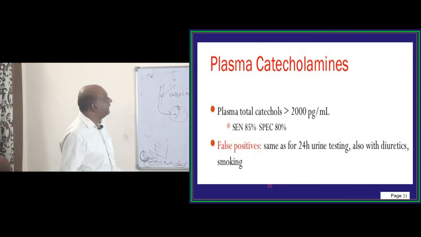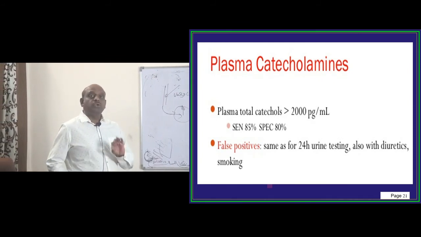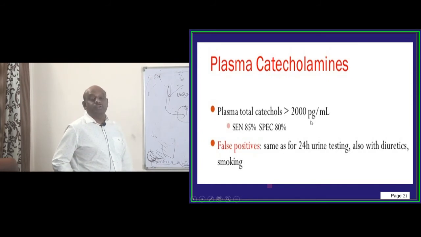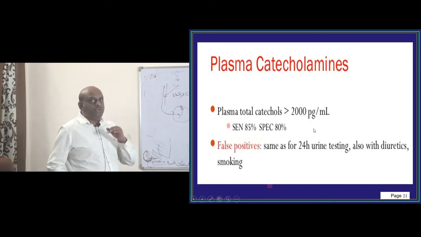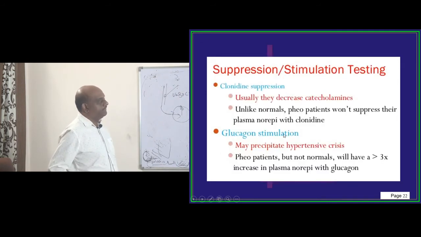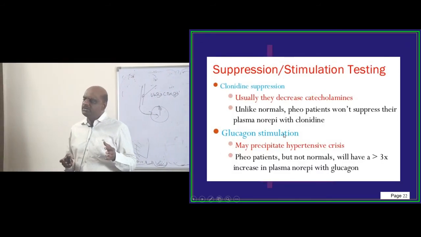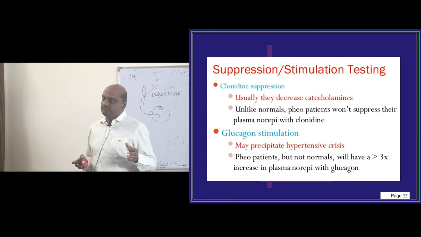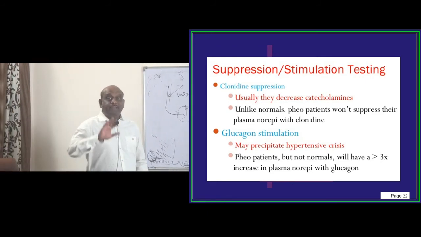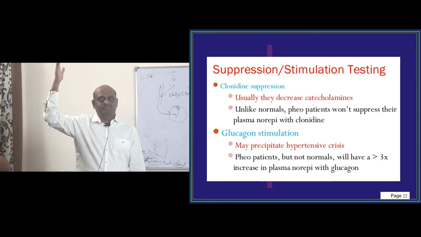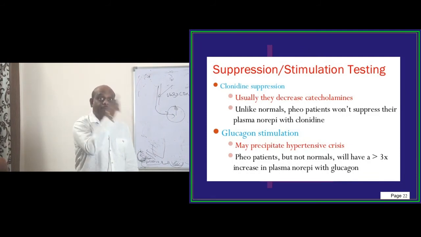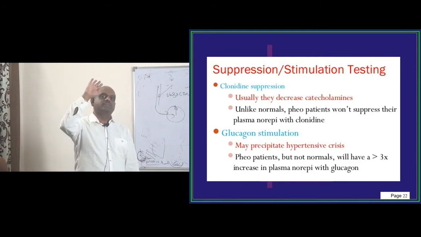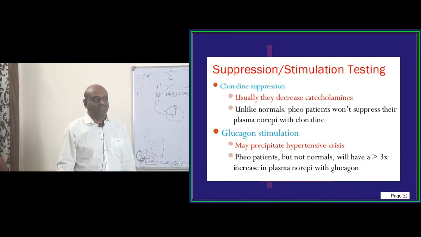Yes, very good. So, plasma total catecholamines more than 2000 picograms per ml is one important benchmark to call diagnostic. Now, always endocrinology में हम क्या पढ़े? If any condition is hyper, you do a suppression test. Suppress करने के बाद भी hyper है बोले तो that is a proper hyper.